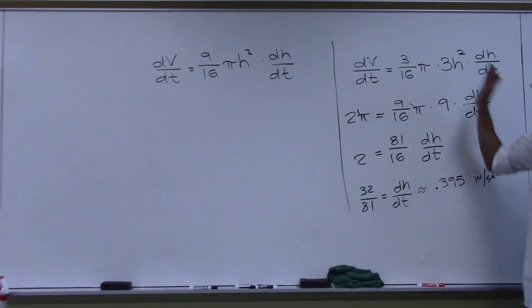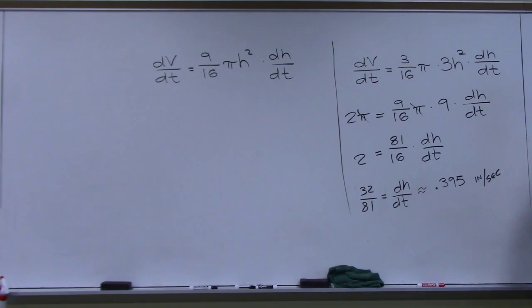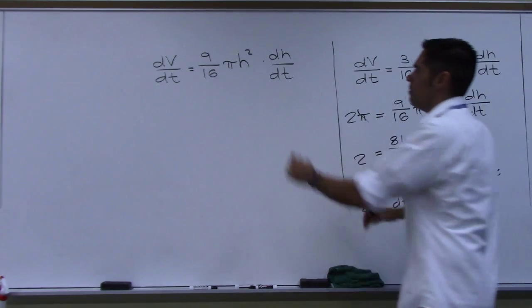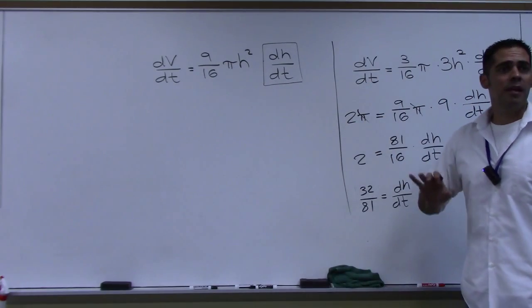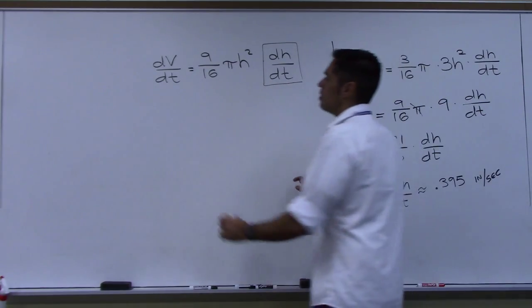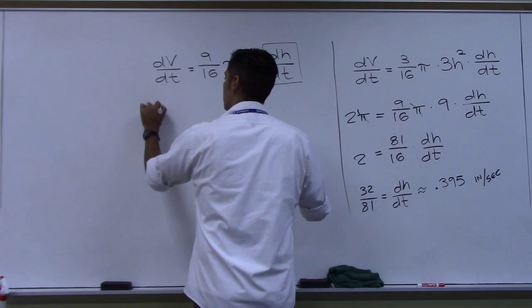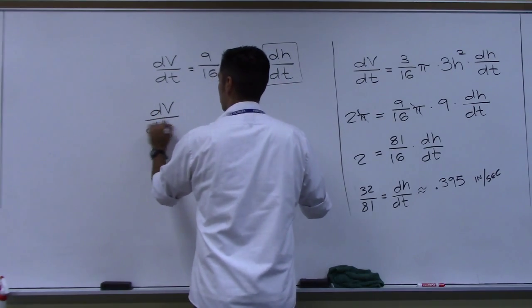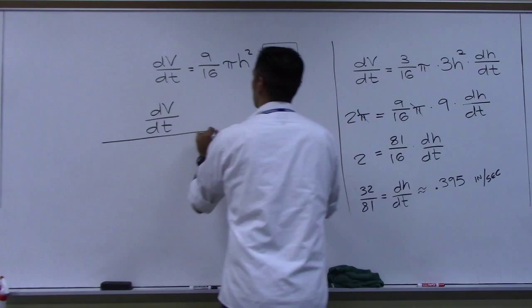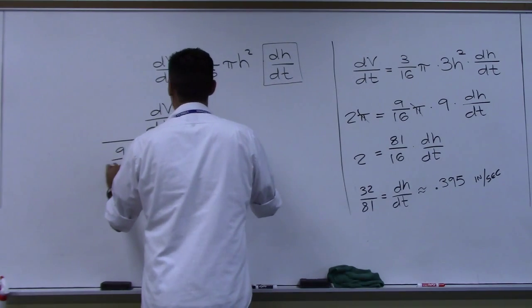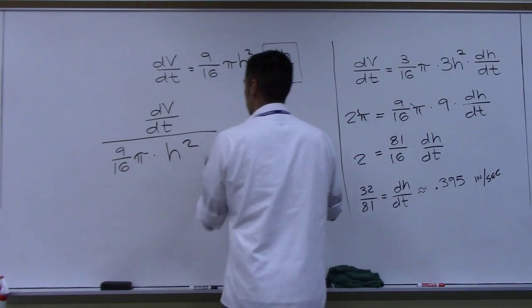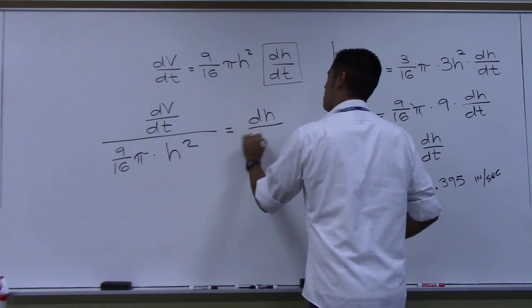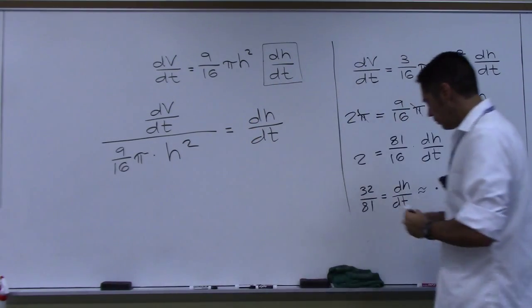That's this simplified without me plugging in the instant in time. We wanted to solve for this, so I'm going to solve for that without plugging anything in. You tell me if you agree with this. dv dt over 9/16 pi times h squared equals dh dt.